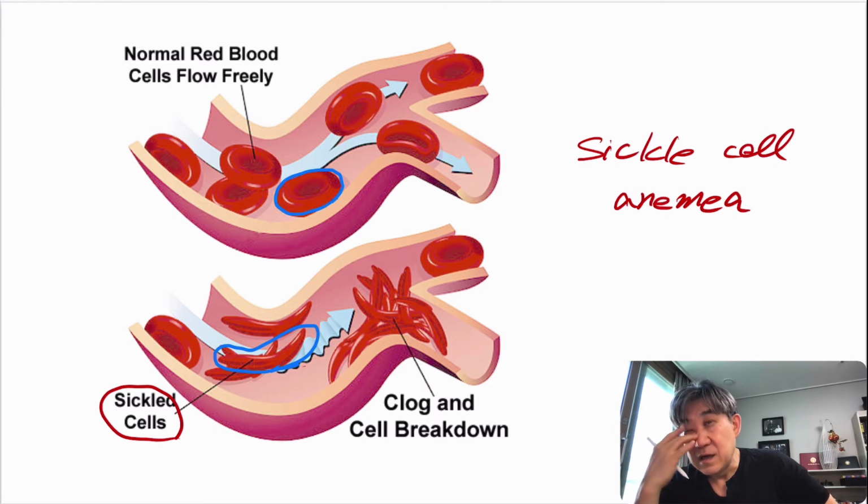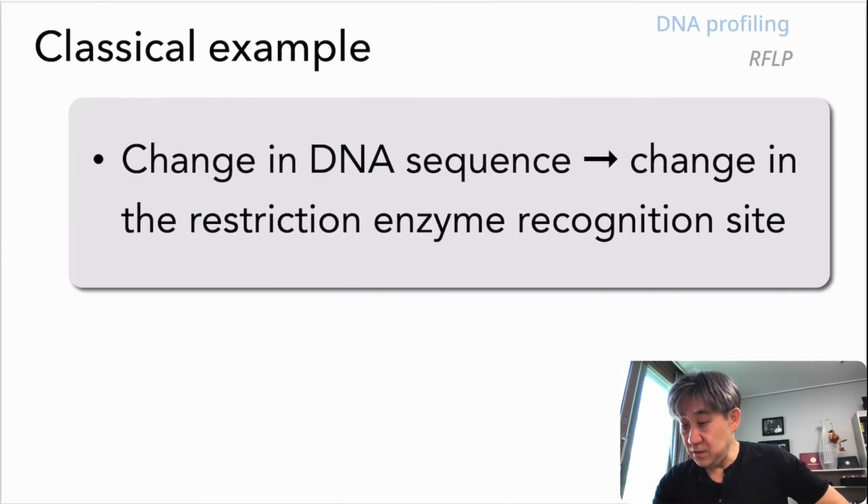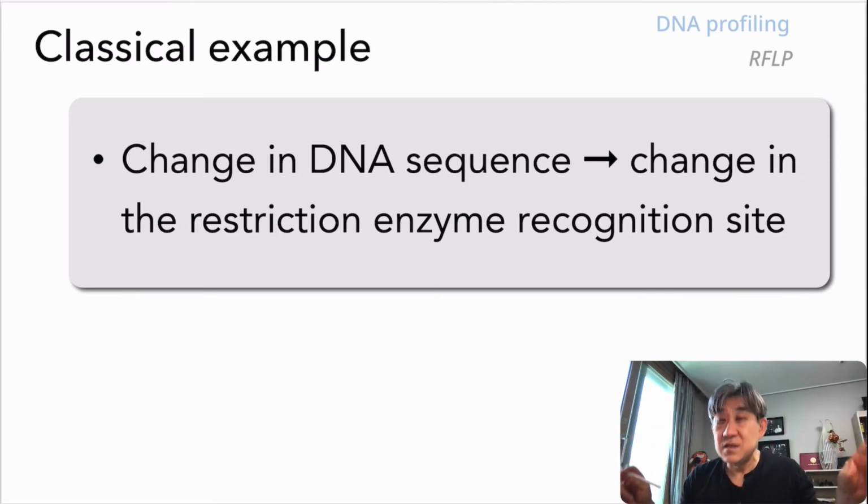It's not really fair that such a very minor change should have such a huge consequence. Anyway, how do you detect this DNA sequence change without having the entire DNA region sequenced?